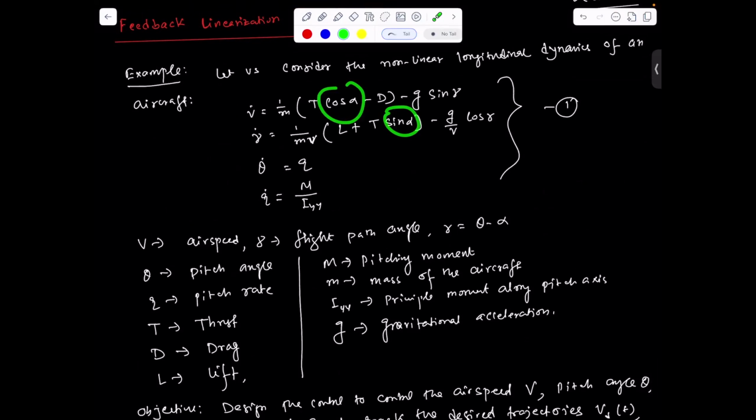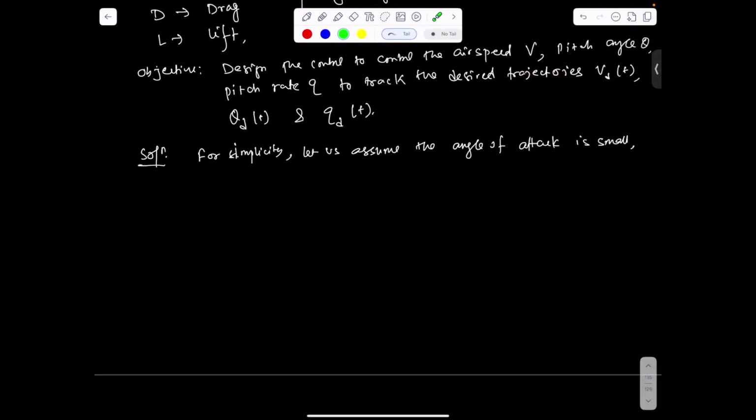So cos alpha is assumed to be 1, and sin alpha is assumed to be alpha.